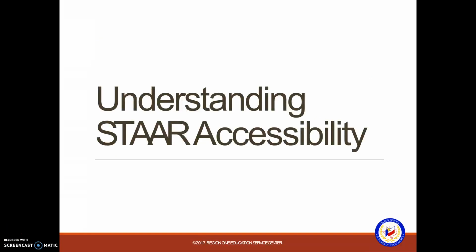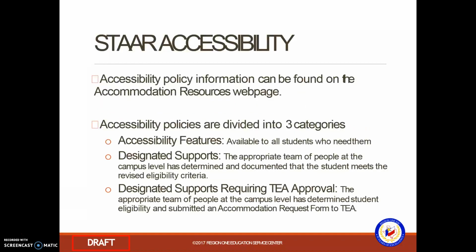Understanding STAAR accessibility. The accessibility policy has three categories: accessibility features, which are available to all students who need them; designated supports that need to be made by appropriate teams like an LPAC, ART, 504, RTI, and the student must meet the revised eligibility criteria; designated supports requiring TEA approval.